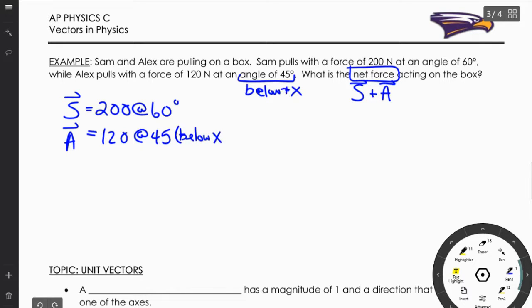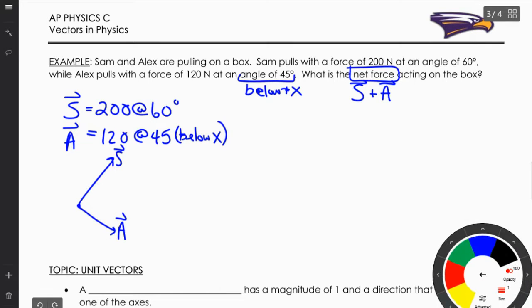If we just draw a quick picture, it's going to look like Sam, Alex, and we want to know the net force, which splits them in some way. I don't know what it's going to look like, but this will be my resultant that we've talked about before. So again, we just apply what we talked about.